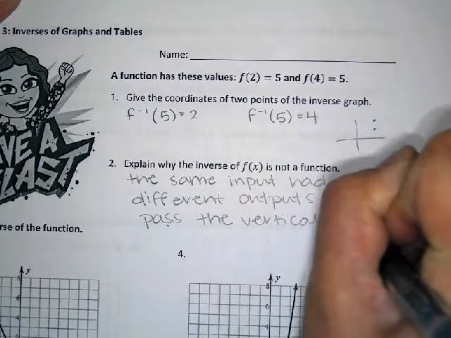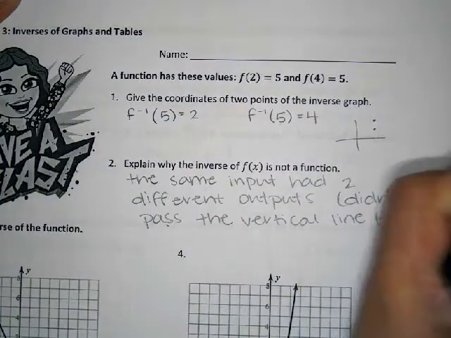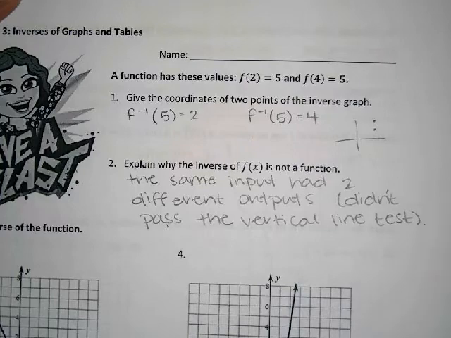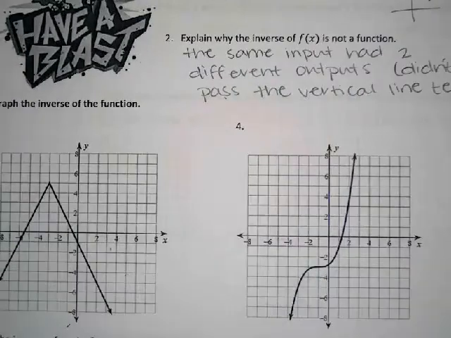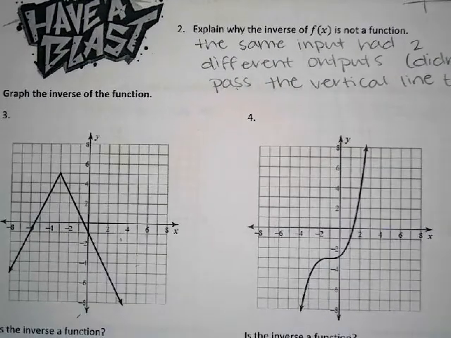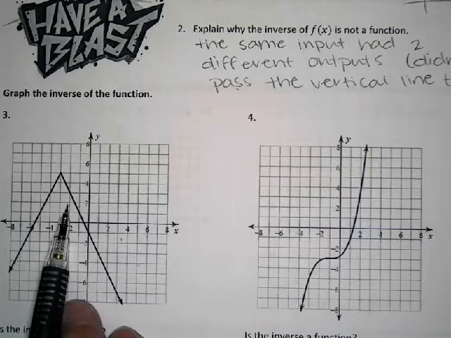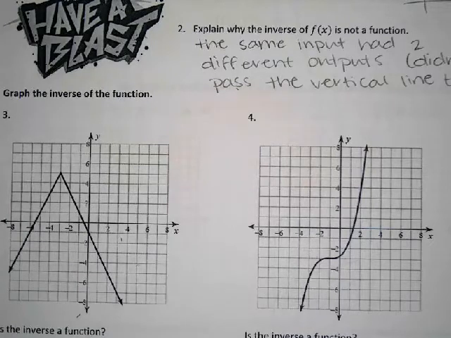How could we take a graph and then graph the inverse of a function? They gave us a graph, and we've got to graph the inverse. Remember, in your head, switching the x and y, that's how we find an inverse.